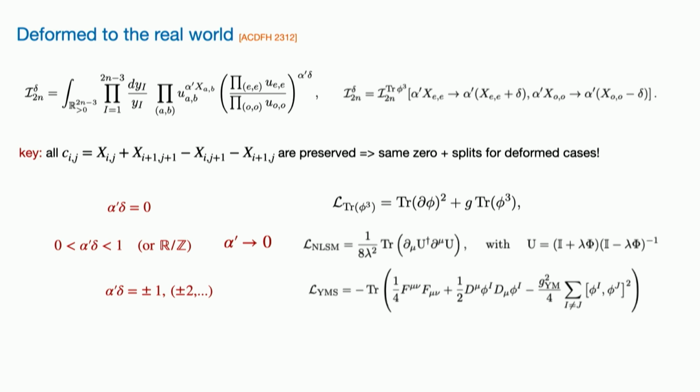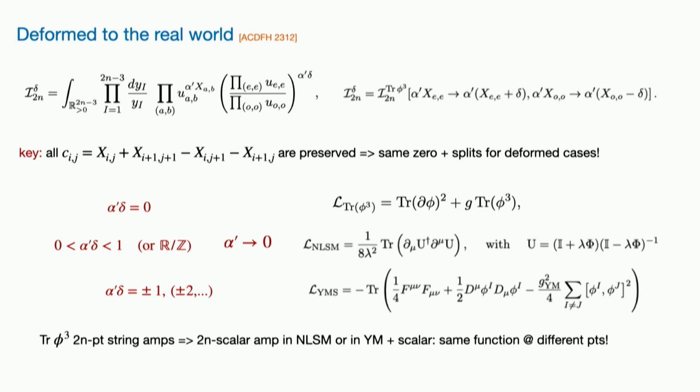If you shift delta to any non-integer value in the alpha prime to 0 limit, later you will see that the field theory limit of this integral gives you the pion tree amplitude. If you shift it by an integer amount, it's more subtle. It changes the singularity structure. If it's plus or minus 1, it gives you this 2n scalar amplitude coupled to gluons. So this is where you first see gluons.